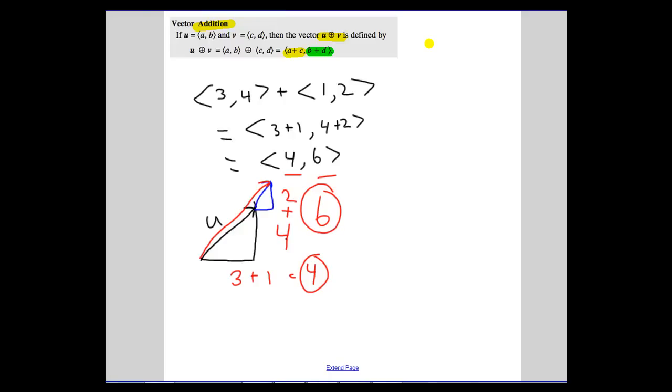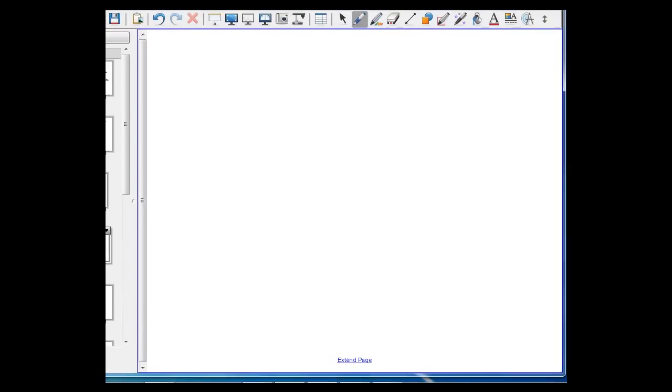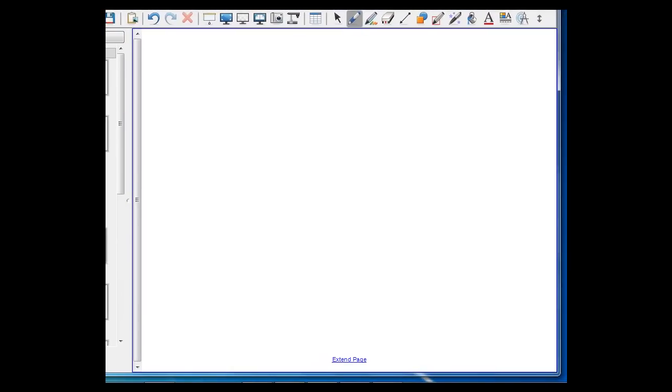Let's look at another example of that. So let's imagine that we've got, and this will be easier to see, let's say that we have the vector 3, comma 4 and negative 2, comma negative 3.